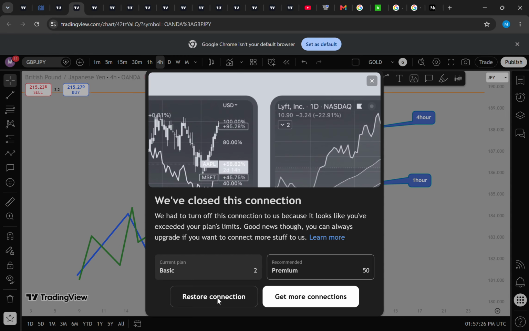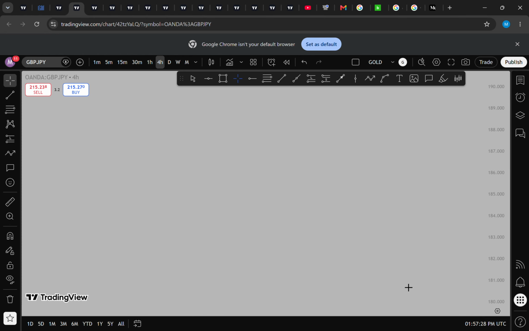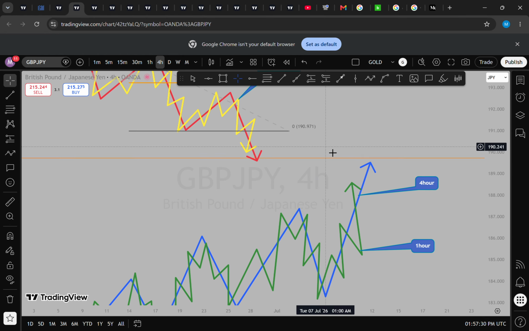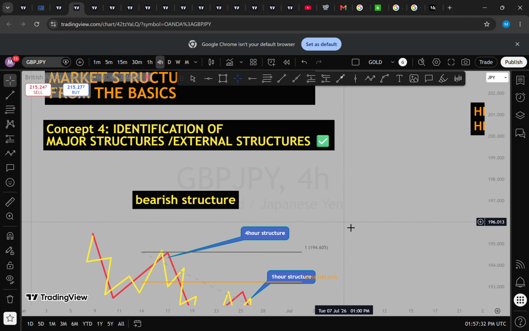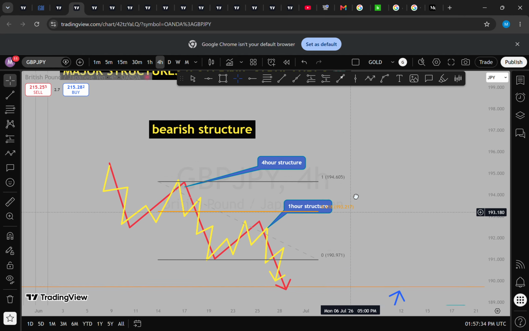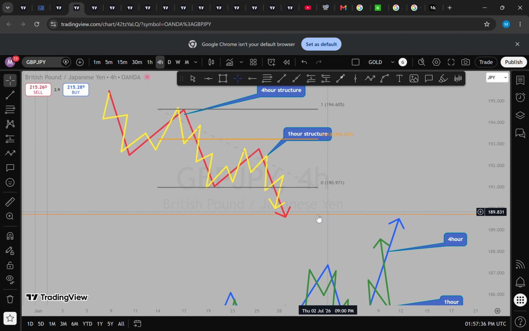Okay, these are the basics in Forex which we have to understand. So don't forget how to identify your major structure and your minor structure.